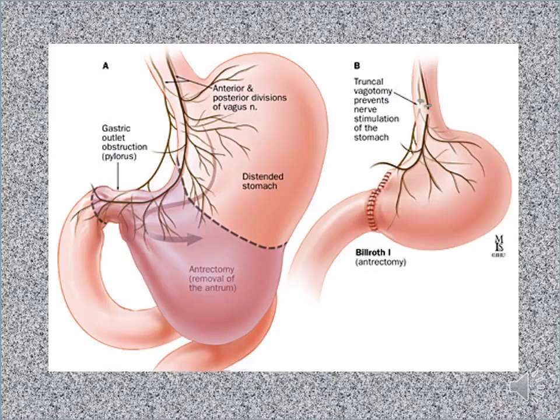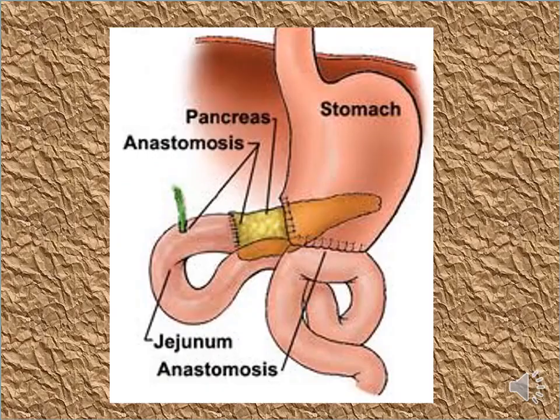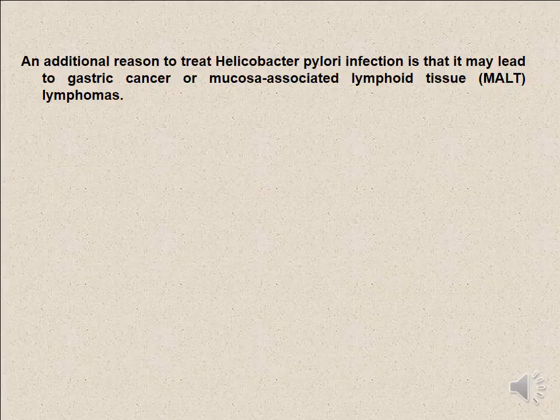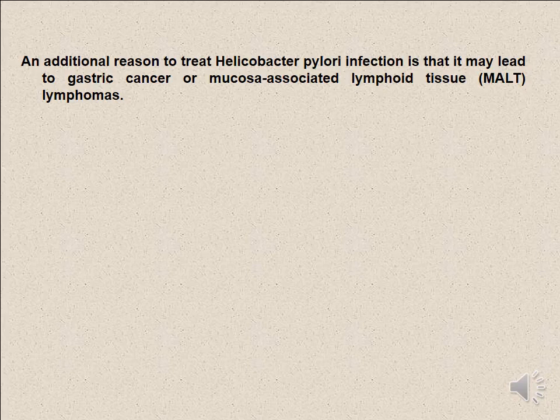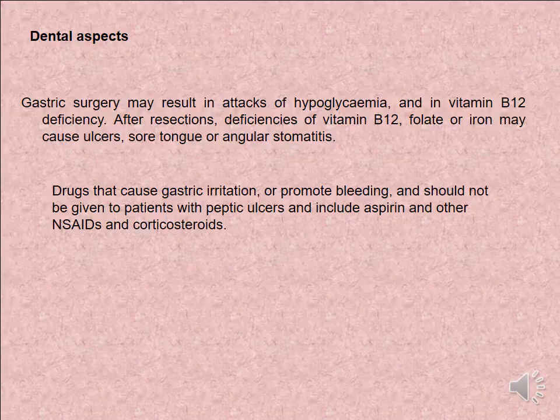This is hemigastrectomy and duodenectomy for the affected part. An additional reason to treat Helicobacter pylori infection is that it may lead to gastric cancer or mucosa-associated lymphoid tissue lymphoma, which may change the mucosa and the lymphatic tissue of the stomach or the duodenum.